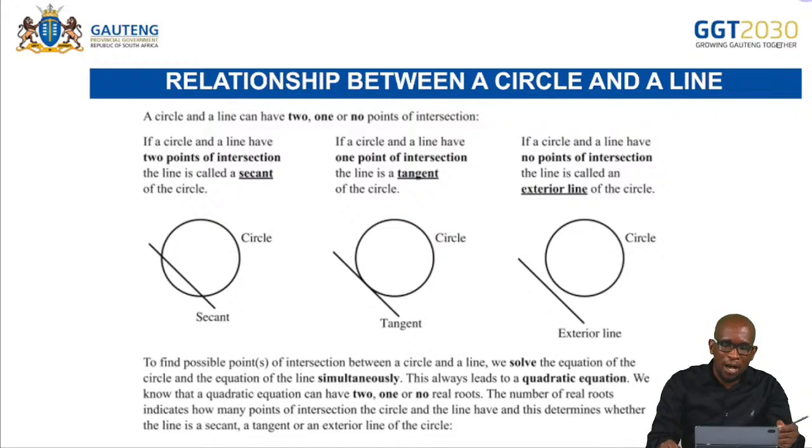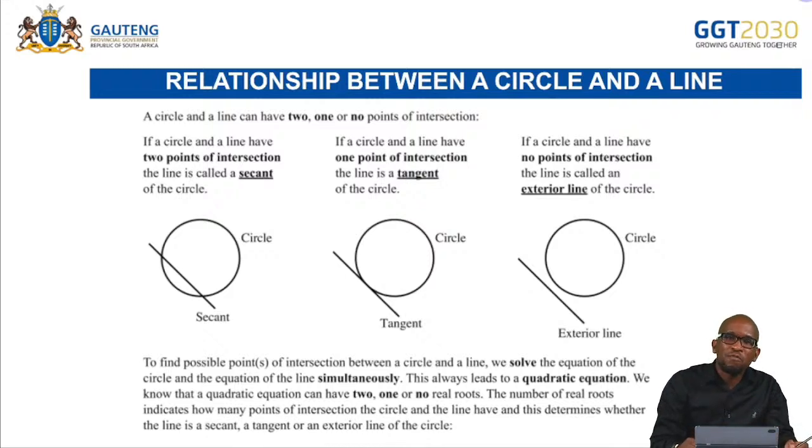We'll use some algebraic properties to identify whether a line is a secant, a tangent, or an exterior line. We're going to use simultaneous equations, and then check the solutions that we get. If we get two roots, it means we have two points of intersection, so the line touches the circle at two distinct points, and the line is a secant.